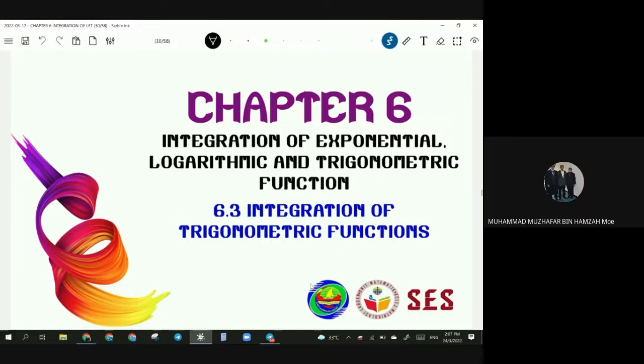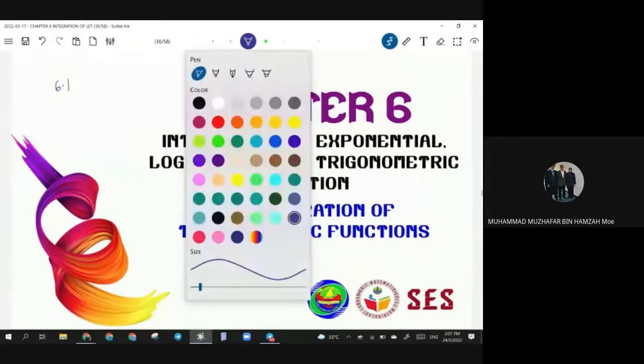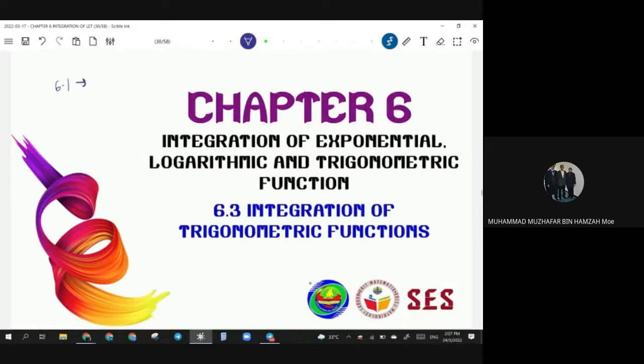So untuk hari ini kita nak mula masuk ke bab 6.3 iaitu integration of Trigo functions. By the way, 6.1 kita belajar tentang integration of exponent. 6.2 kita belajar tentang integrate of log. 6.3 kita belajar tentang integration of Trigo.